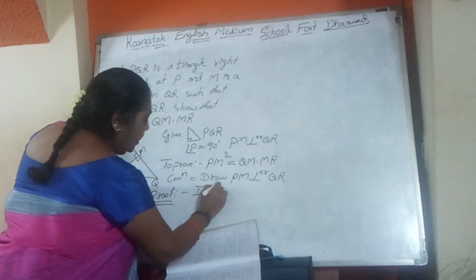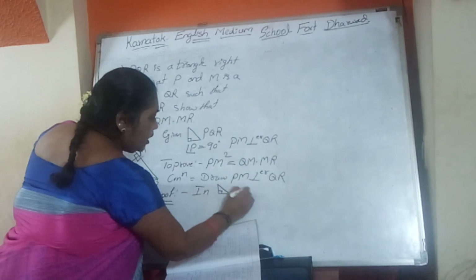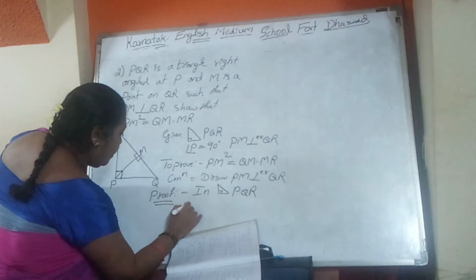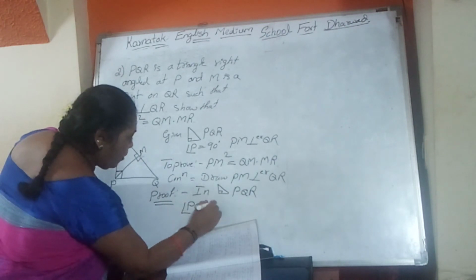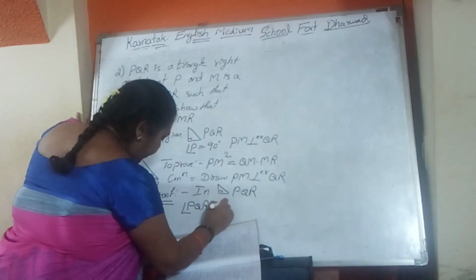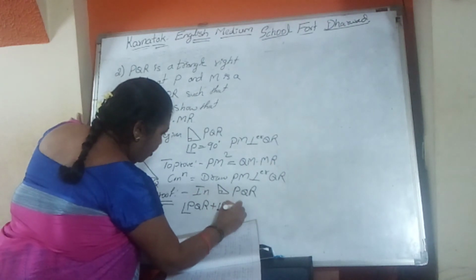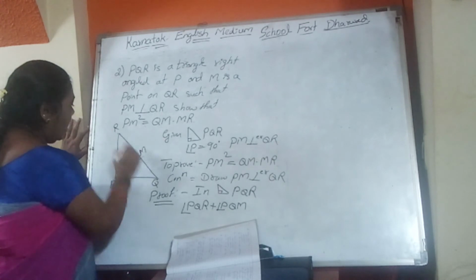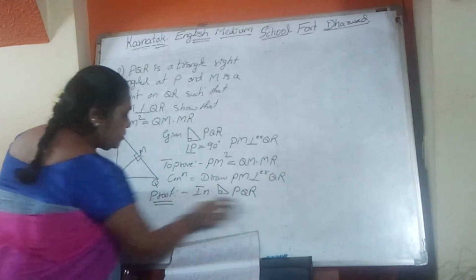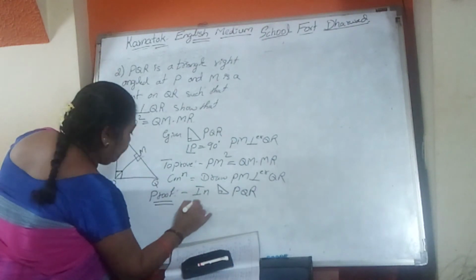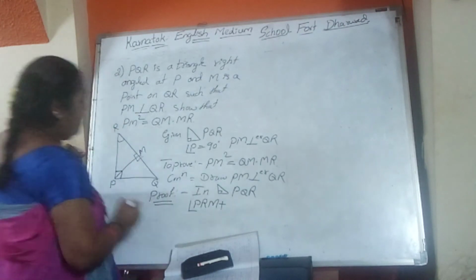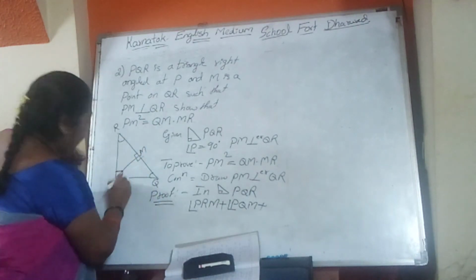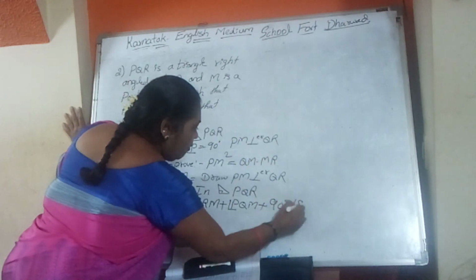See, in right angle triangle PQR, angle PRQ plus angle PQM plus this 90 equals 180.